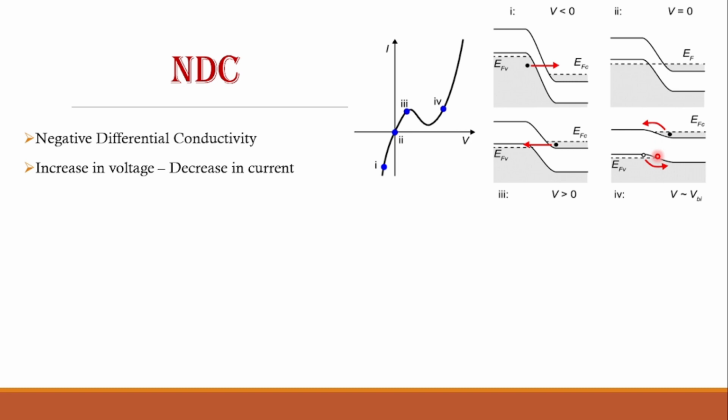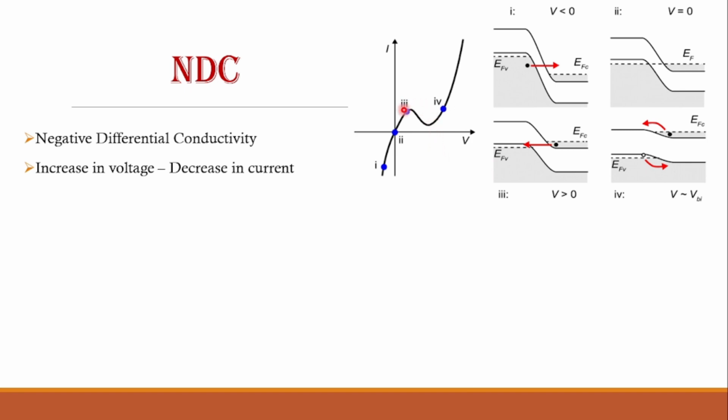The height of the barrier has decreased, due to which we can observe the movement of charge carriers. So again we say that voltage is going to increase, then current is also increasing. So this is how the tunnel diode is going to work based on the type of voltage given.